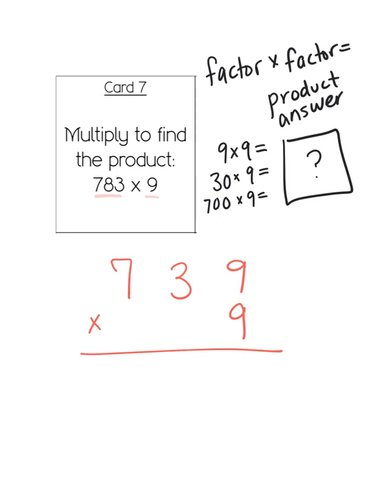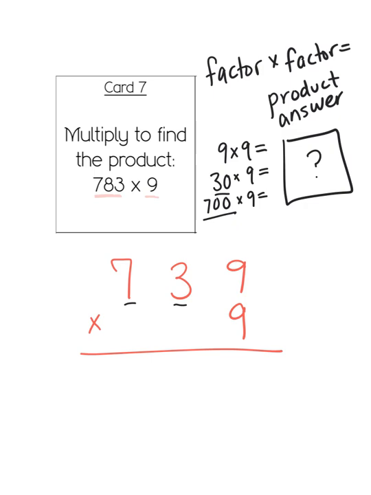But the US algorithm gives us what I call a shortcut. So instead of doing this out the long way, we just have this digit here that represents our tens, instead of writing out in full that it's 3 groups of 10. And we have this digit here that represents our hundreds, instead of writing it out in full that represents 7 groups of 100. All right, let's go ahead and begin.